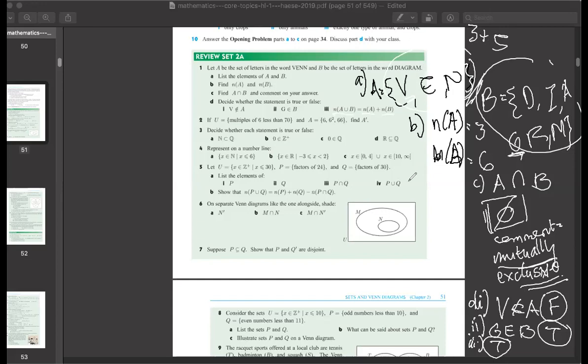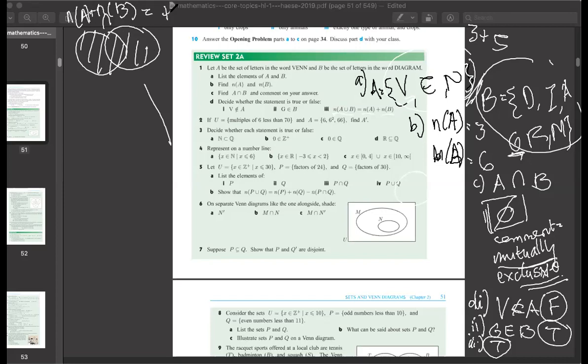The thing with uniting elements is that if they have some sort of intersection, then when you're adding the elements like n(A) plus n(B), some of the elements are going to be double counted.